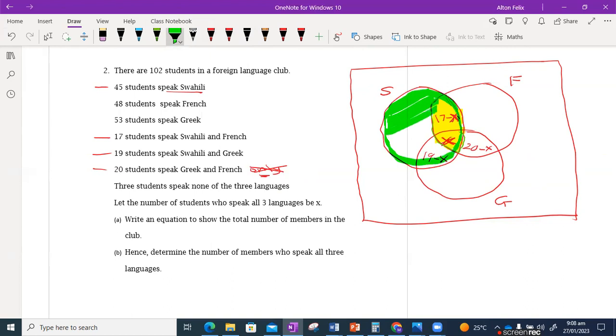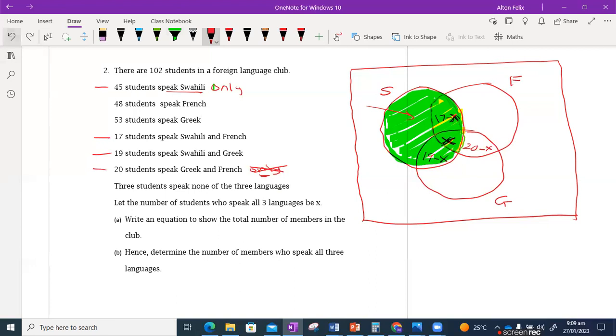So if they say 45 students speak Swahili, this is the entire circle S. So that's 45. Now, they did not say 45 speak Swahili only. If that was written, then the 45 would have gone only in this little portion here. So it was not stated like that, as we saw in the previous question.